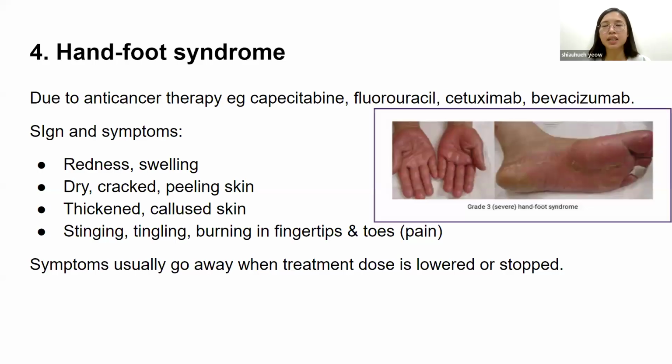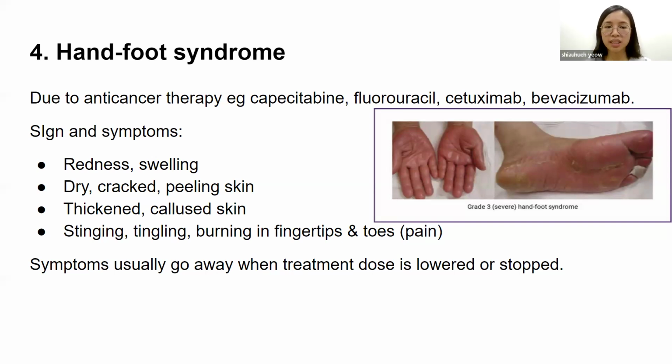Now, another side effect that is commonly experienced by cancer patients is skin changes. Sometimes you may feel that your skin is very dry, and one condition which we call hand-foot syndrome is when both your hands and feet are red and swollen, accompanied with dryness, cracking, and peeling skin.